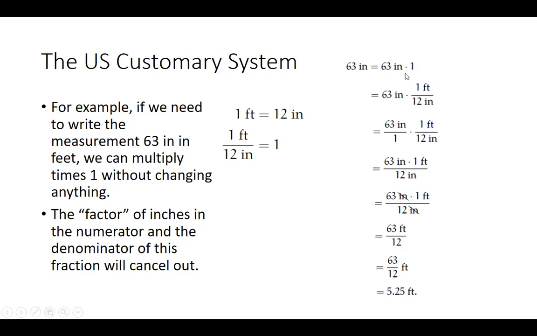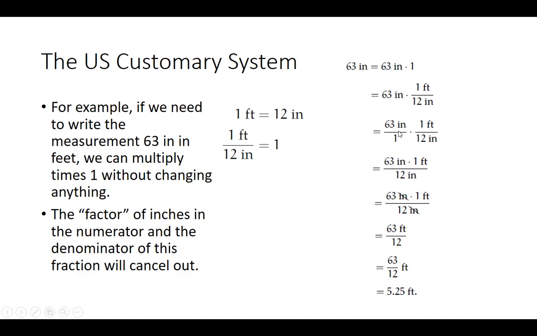We're just, instead of using 1, using one of our conversion factors. We would want the conversion factor with inches on the bottom because we need it to cancel with inches on top. 63 inches is the same as 63 inches over 1. Inches over inches cancel each other out, leaving us with just feet.